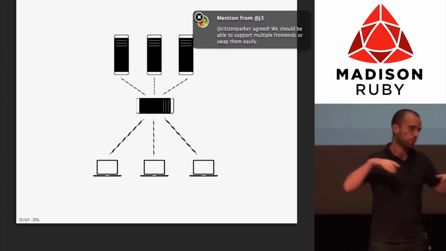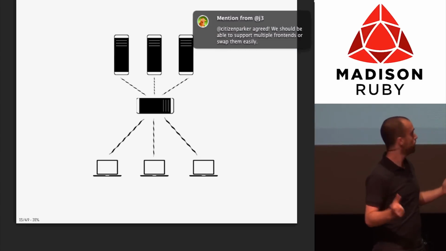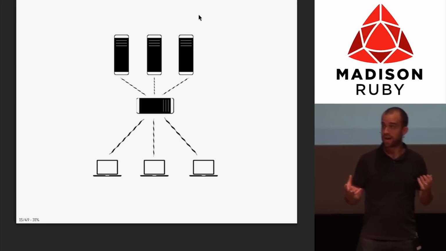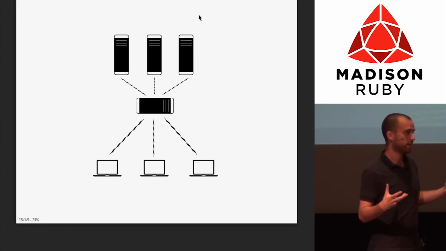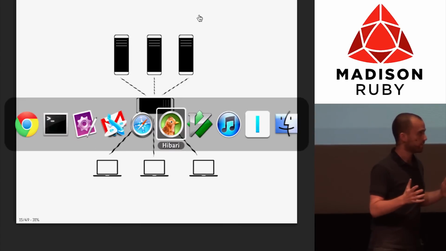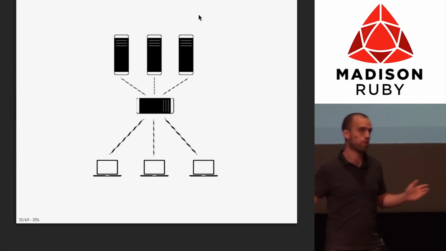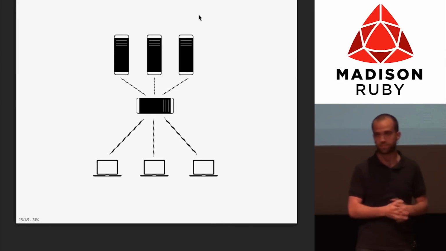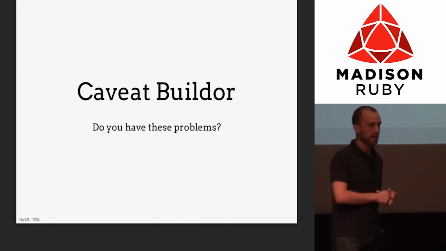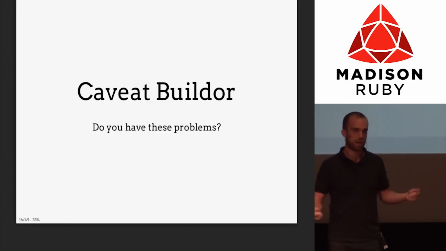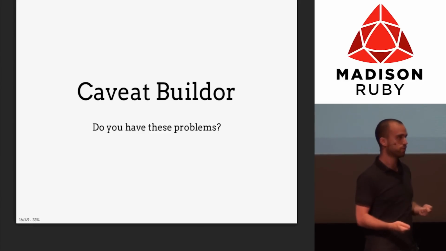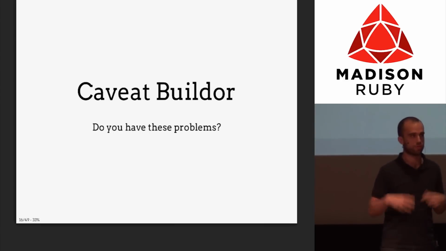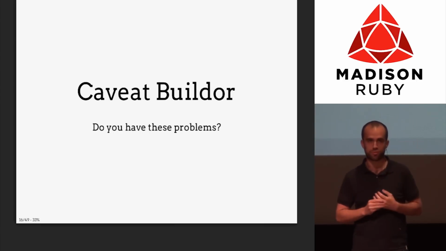And in addition, if you're really disciplined about the way you create your API, you can naturally make these sort of silos that can then allow you to scale horizontally more easily, both in terms of application and in database. So the caveat here is that if you don't have these problems, this might not be the best way to approach application architecture. But if you share some of them and you have similar goals, we found this is a good way to approach the problem.